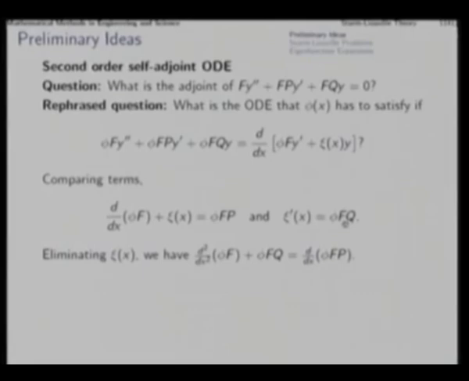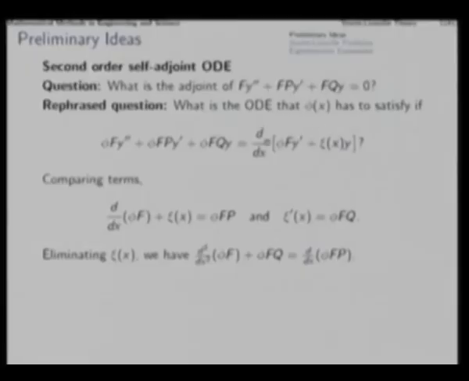Now, again our question was: what is the ODE that phi has to satisfy if it is going to work as the integrating factor for this? Okay. So, xi is an extraneous function which we had to accommodate to satisfy the form. So, in this system of two differential equations in two unknown functions phi and xi, we want to get rid of xi.